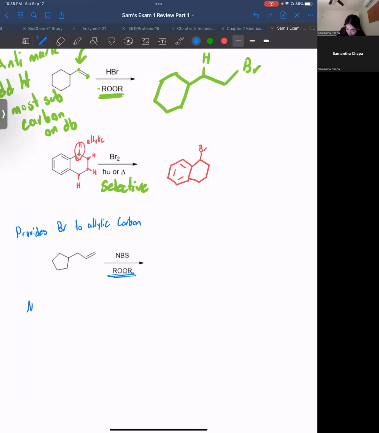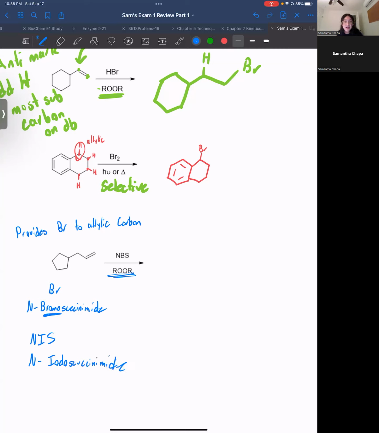NBS is code for N-bromosuccinimide. So since it has the bromo here, you know it's going to add Br. You can also have NIS, N-iodosuccinimide.